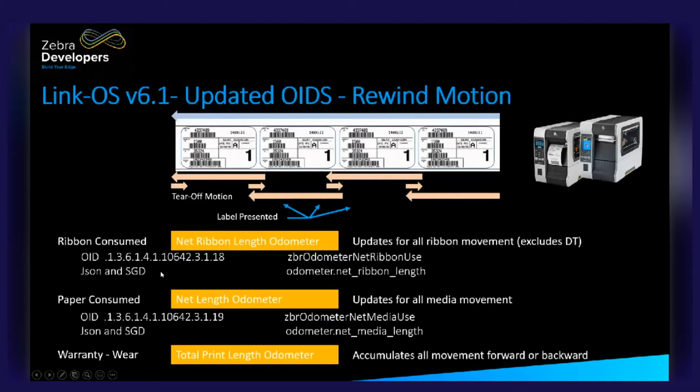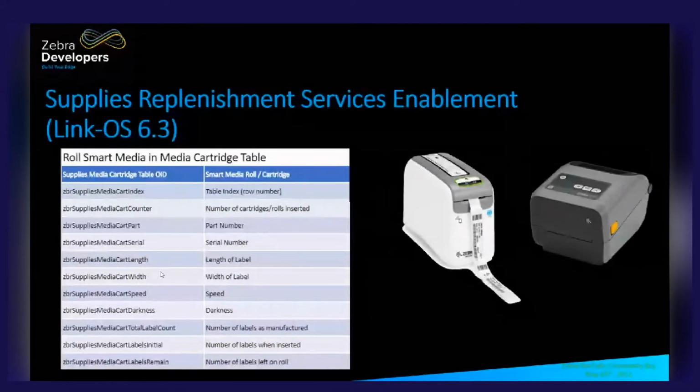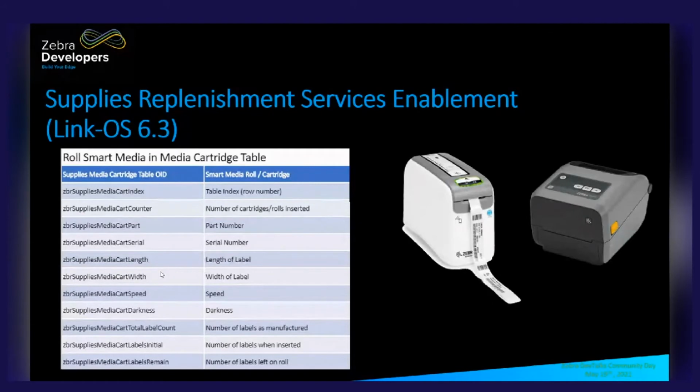Other updates that we have done through LinkOS 6.3, with the idea to implement this intelligent printer and also to implement the use case of replenishment, are those tables through SNMP. This kind of table is already available, and since you're working through SNMP, you can capture that data immediately by accessing this table.